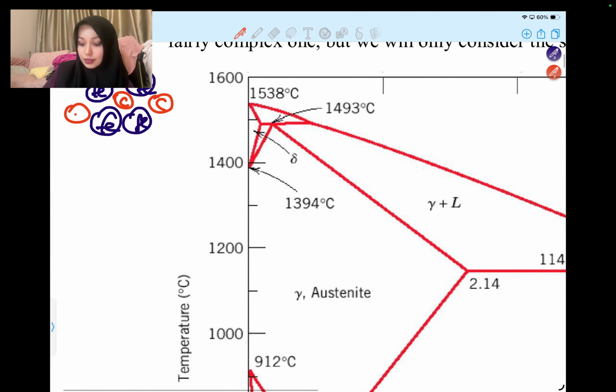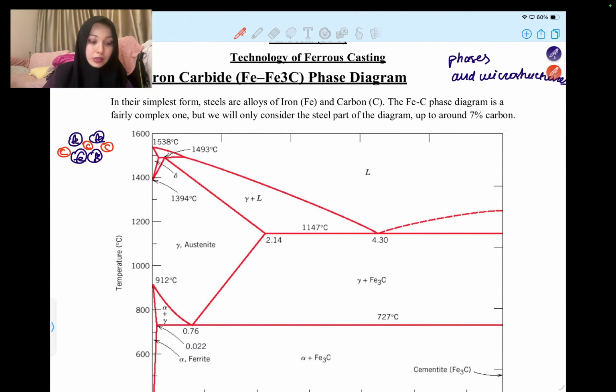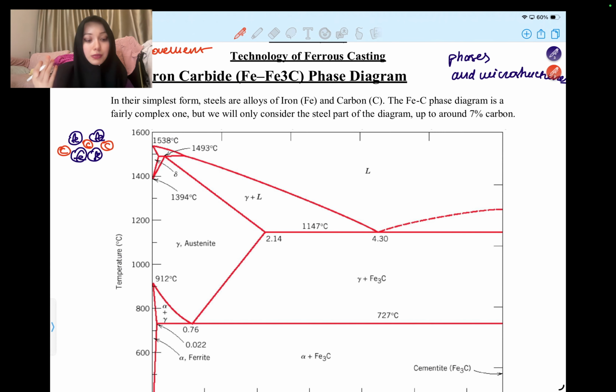So carbon sits between iron atoms and blocks dislocation movement, therefore making it stronger. So more carbon usually means the material is stronger, harder, less ductile, and more brittle. Yes, adding too much carbon can make the material too brittle.